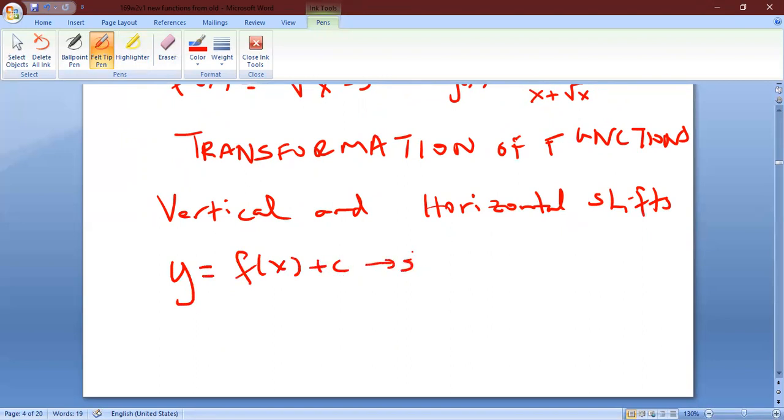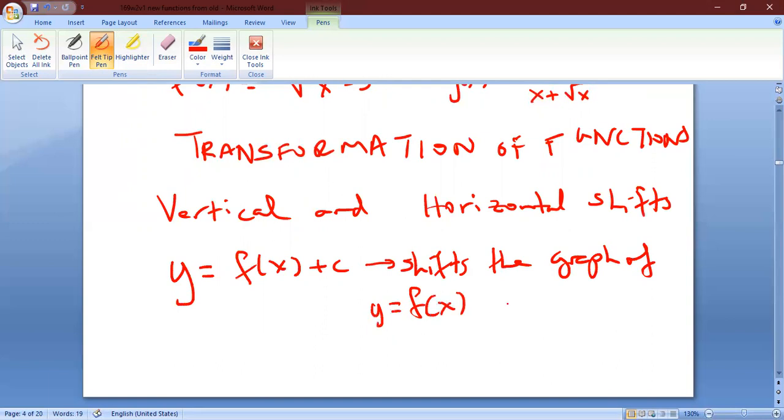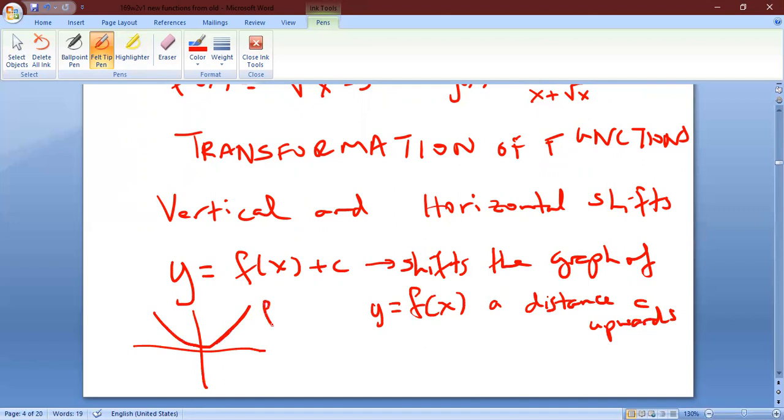This shifts the graph of y equals f of x a distance c upwards. So if this is y equals f of x, and we add c to this, then this is going to be y equals f of x plus c. So this distance here is c, okay?